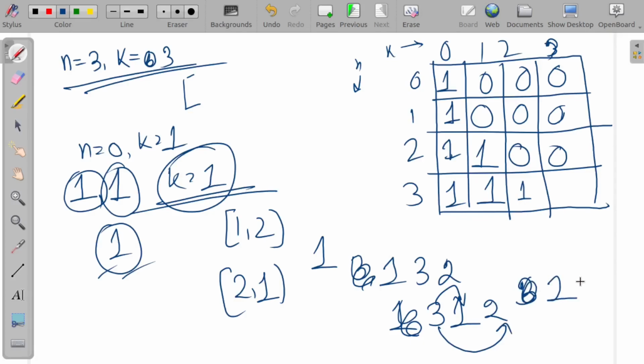Hold on, 1 3 2 is for 1, and another is present, hold on. 2 1 3, maybe, hold on. 2 1 is mapped with 1 and 2 is 3, no, hold on. So 1 2 3, and this makes k equals 3. That is basically what is happening.